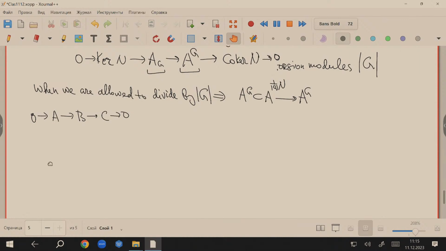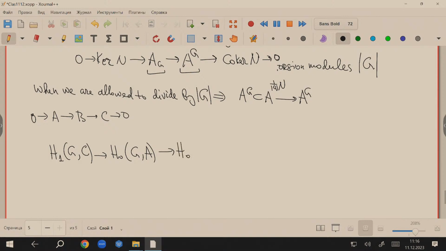So here you have H1 of C. It maps to H0 of GA, H0 of GB. These are just taking coinvariants. H0 GC.